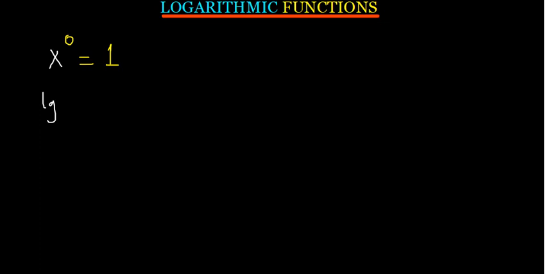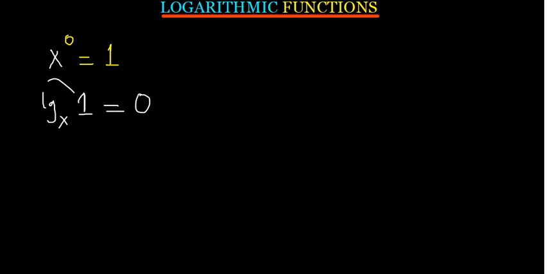Okay, so I'm going to say log, the base is x. Log of anything of 1, where there is a 1 here, the answer will always be 0. We have converted this exponential to a logarithm. As long as you can see a 1 here, we don't care about the base, it will always give you 0.